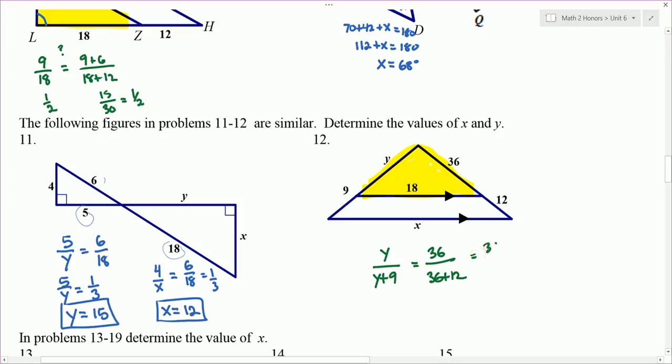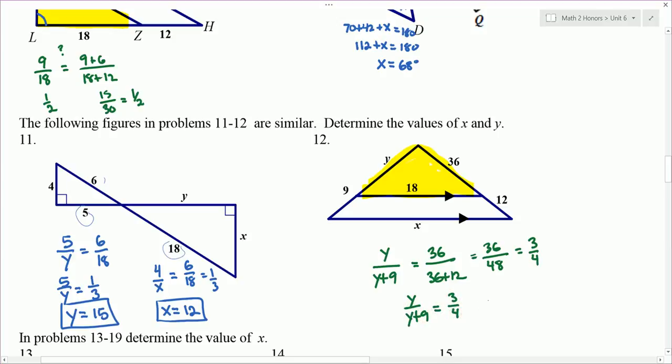Well, 36 over 36 plus 12, that's 48. And I could divide 36 and 48 by 12 and get 3/4. So y over y plus 9 is equal to 3/4.